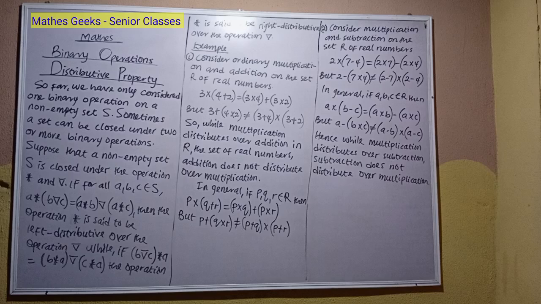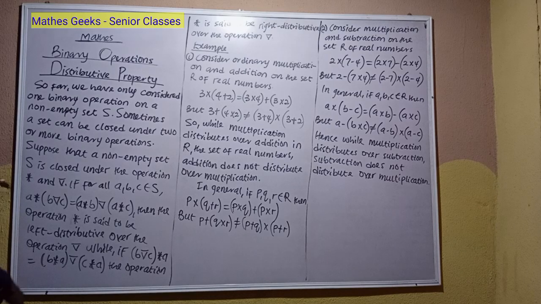But in distributive property, there are also three elements which belong to the same set but two different operations. As you can see in this case, we have the star operation and this operation. So this is what differentiates distributive property from associative property, where you have two unique operations and three elements. In associative property, you have three elements and the same operation.